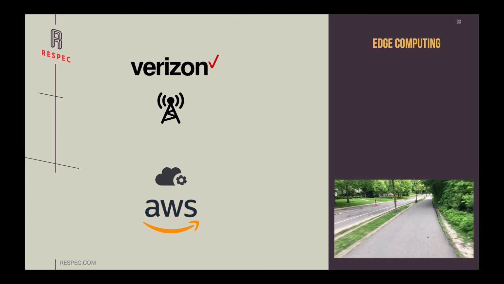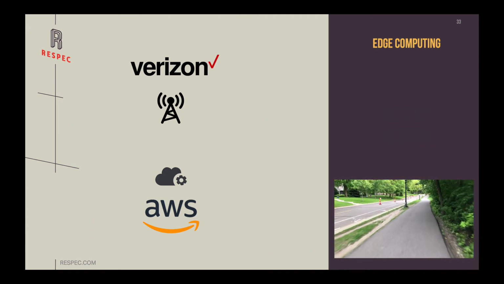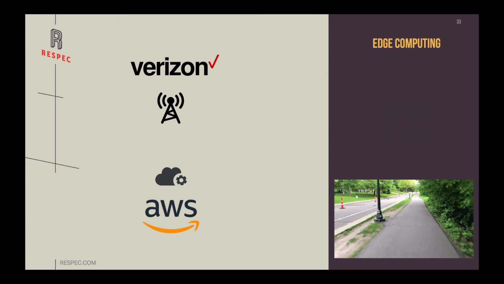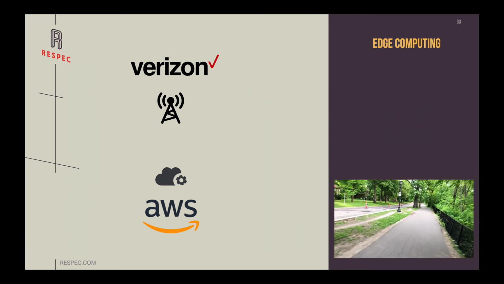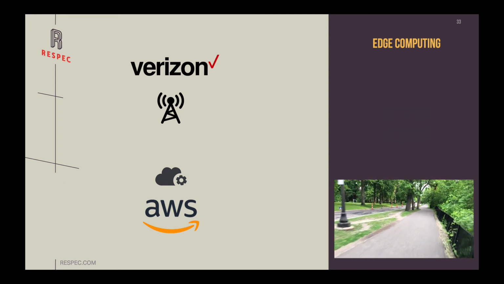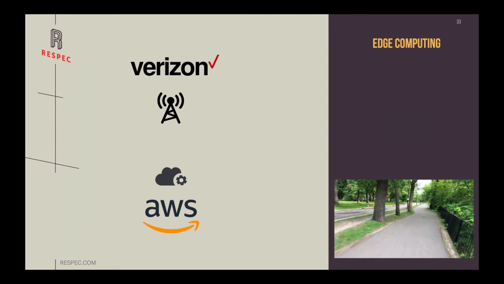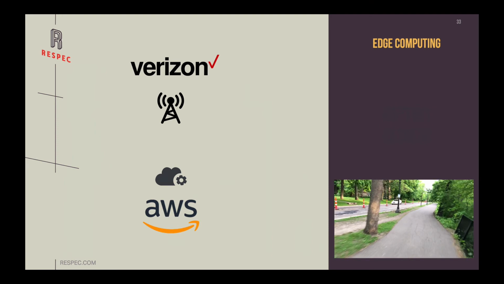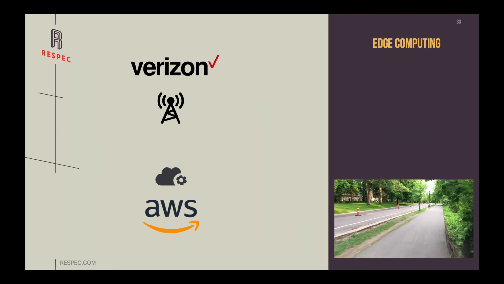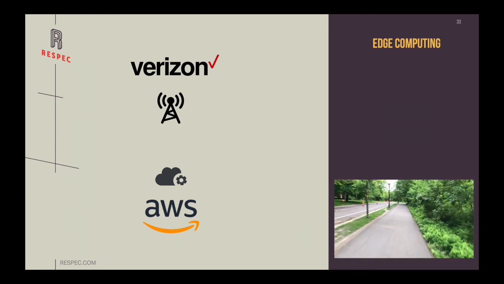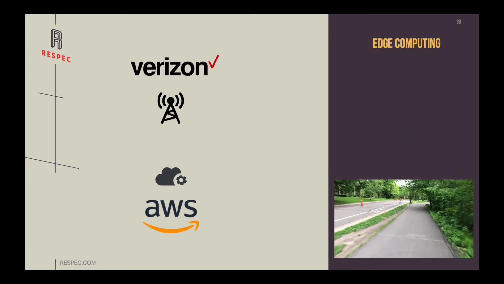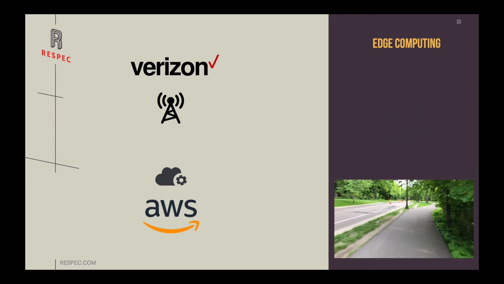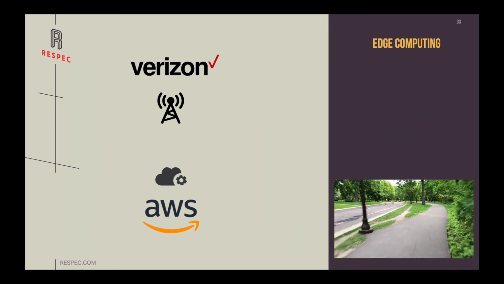This is realized most recently, I think, late last year, with a new partnership formed between Verizon and Amazon Web Services, where Amazon will actually begin to deploy web services systems, compute resources located at the edge of the Verizon wireless network. And this is going to include all the way down to the cell phone tower level.